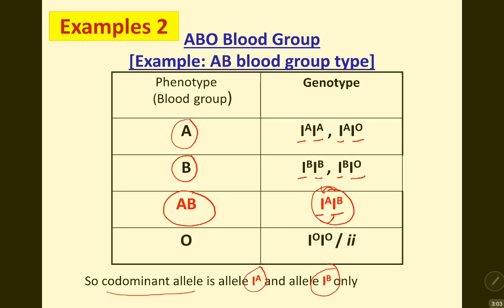While the person with blood group O shows the genotype IO-IO, meaning that in this case, IA and IB are dominant alleles, and IO is recessive. So IO will lose to A or lose to B, and it only appears as O when it is in the homozygous state.